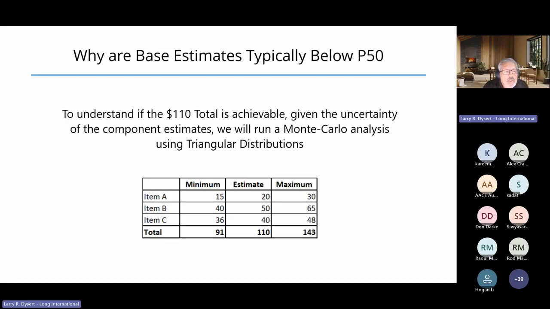But to understand whether that 110 is actually achievable, let's assign, in this particular example, a triangular distribution to each of these ranges for each element, and run that through a Monte Carlo simulation and see what the overall results are.